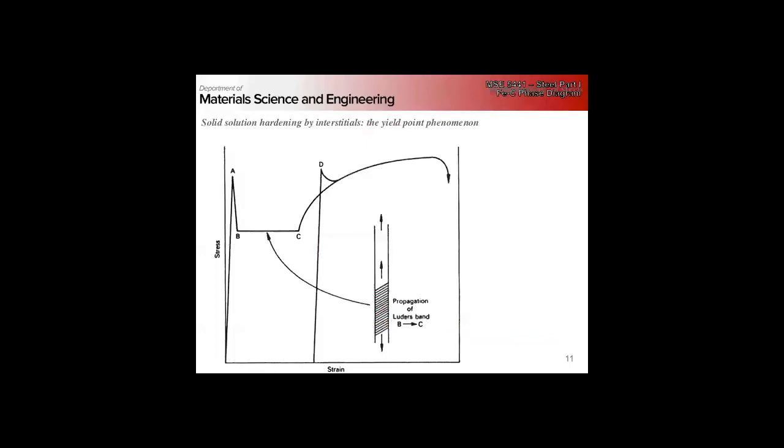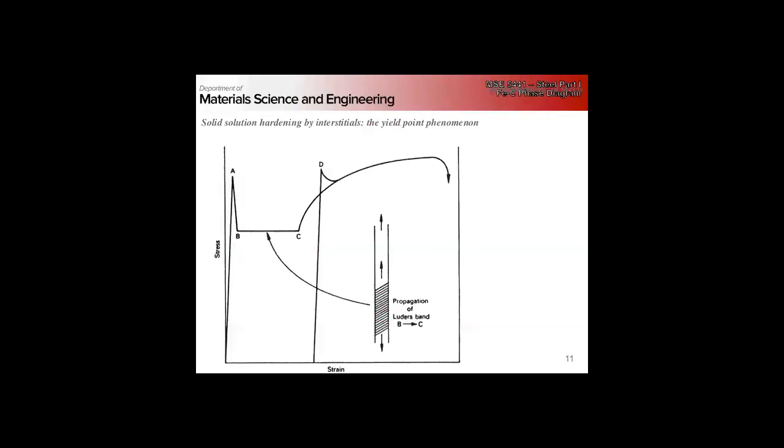The carbons are preferentially aligned along the dislocation. So you have to go up to a higher stress, but then once you break them away, you exceed the critical stress for dislocation motion in general, right? Without all those pinning carbons. And so you have a lower yield point, right?